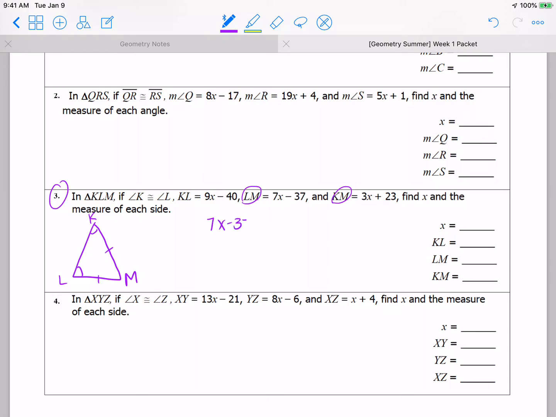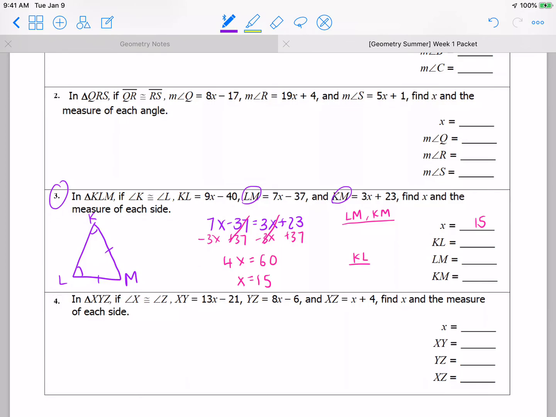So 7x minus 37 equals 3x plus 23. Subtract 3x, add 37. Cross out, I have 4x equals 60. X would be 15. So I know my 15 right there. And remember we just said LM and KM are the same thing, so we just need to do it for one, and then KL is separate.